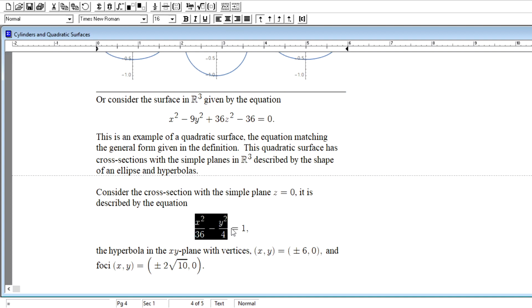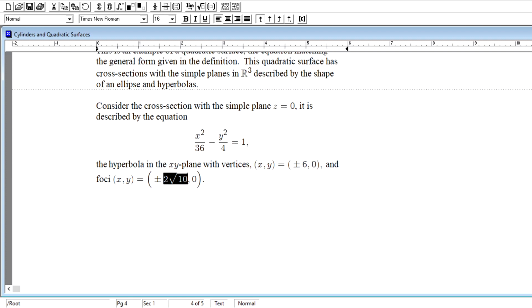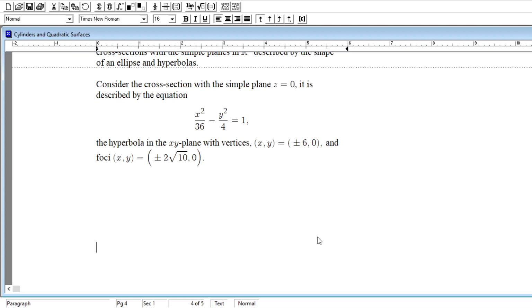We have this hyperbola that forms in the xy plane, with vertices at plus or minus 6, 0 on the x-axis, and foci also on that x-axis, taken from the square root of the sum of these denominators, the square root of 40, plus or minus, which does simplify to 2 root 10.